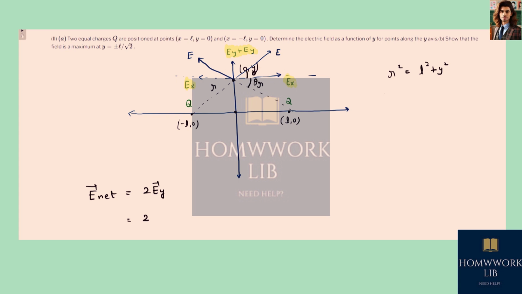This will be 90, and due to the vertically opposite angle, this is also going to be theta. So Ey is going to be E sine theta, and the value of E is kq over r square, and the value of sine theta is opposite over hypotenuse. Opposite is y, and the hypotenuse is r.